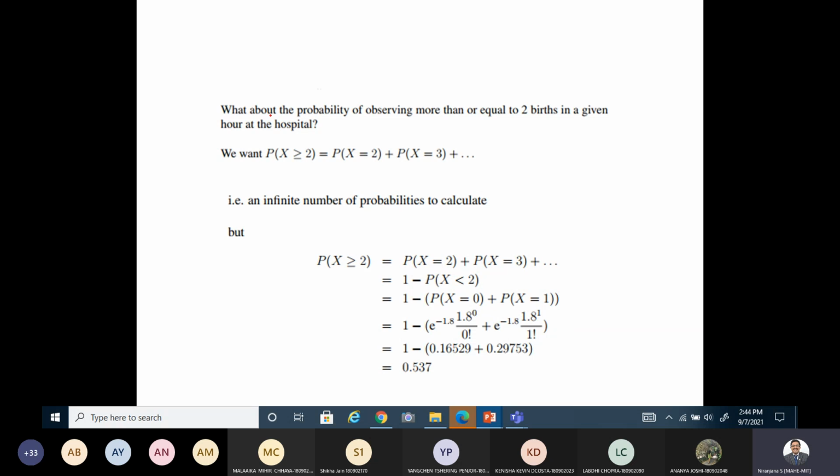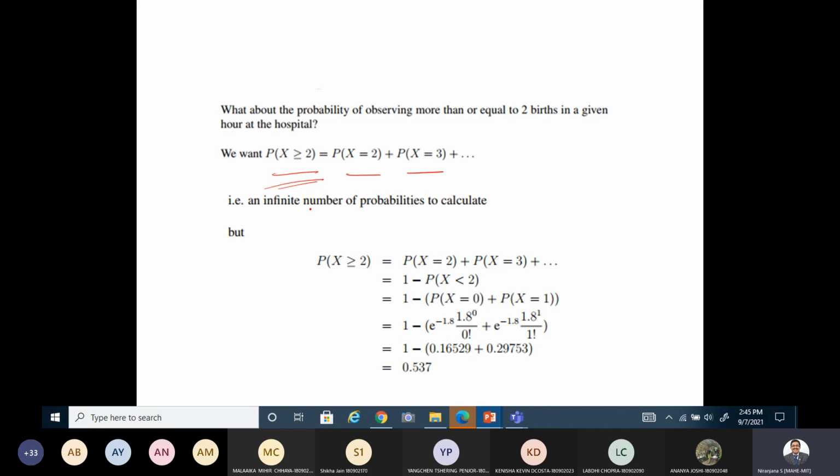Suppose in the hospital, for example, a similar problem: what is the probability of observing more than or equal to 2 births in a given hour? If some condition like this is provided, then you may have to suitably take the condition and calculate the values.